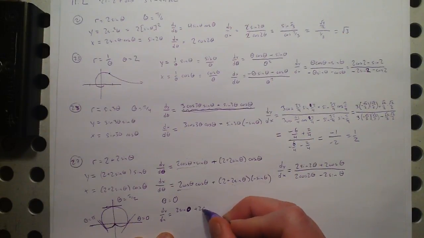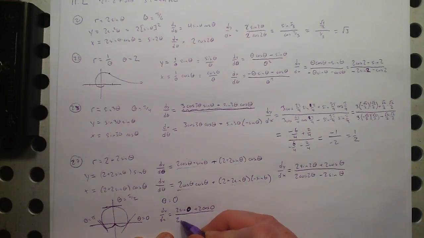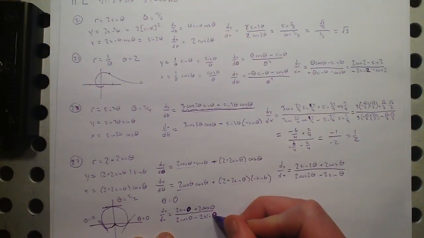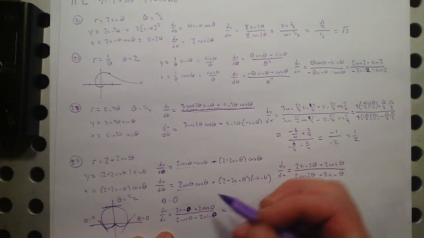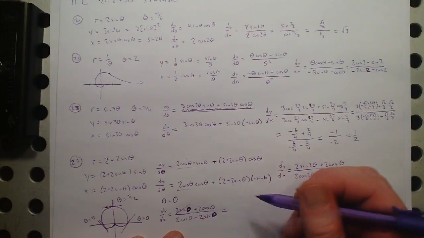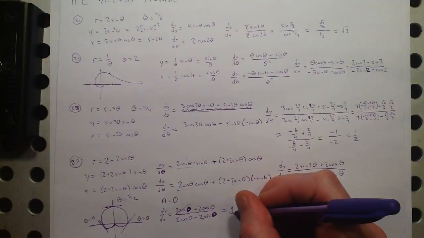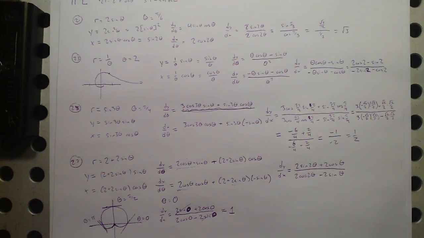Plus 2 cosine of 0 over 2 cosine of 0 minus 2 sine of 0. So the sine of 0 is 0, so those go away. So I've got 2 cosine 0 over 2 cosine 0. Cosine of 0 is 1, so that's equal to 1. Which looks about right, doesn't it? The slope there should be 1.